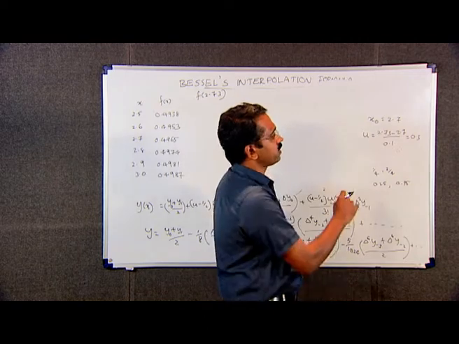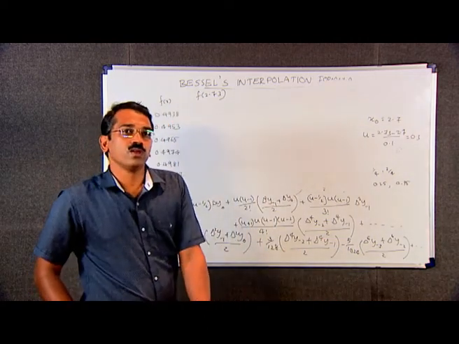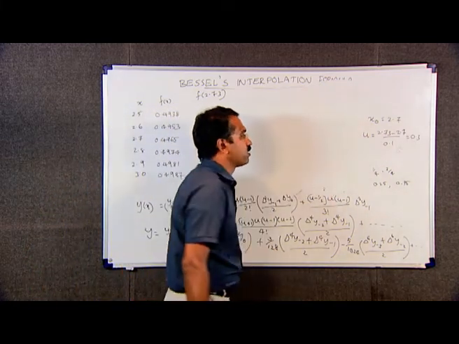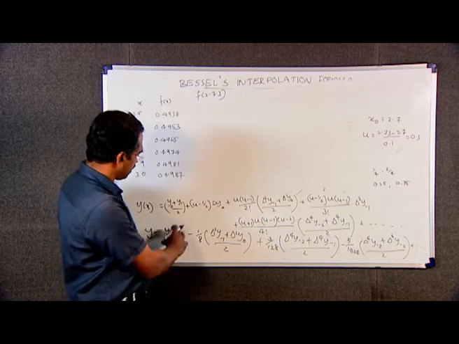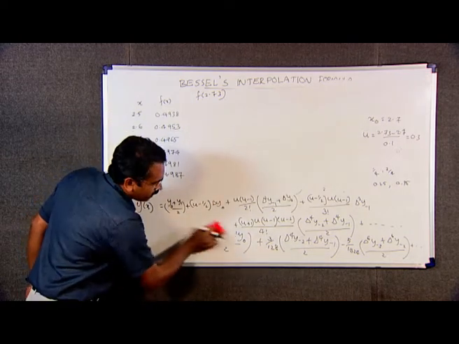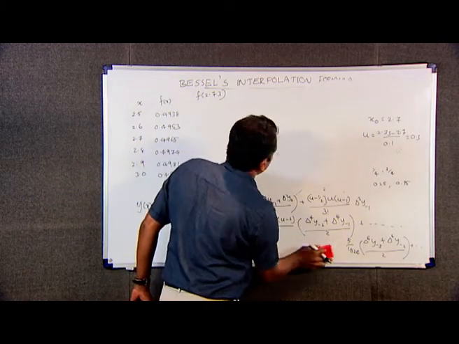Therefore, we can take x0 as 2.7. Now, substitute the value of u and the relevant differences in this formula. We will get the value of f of 2.73.